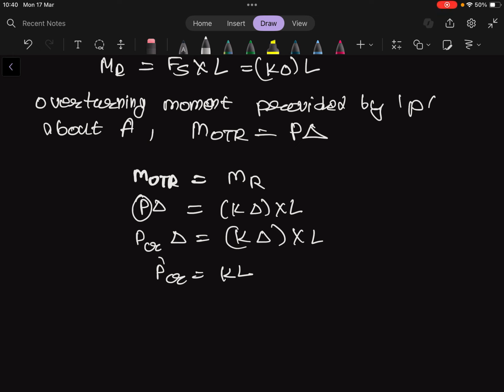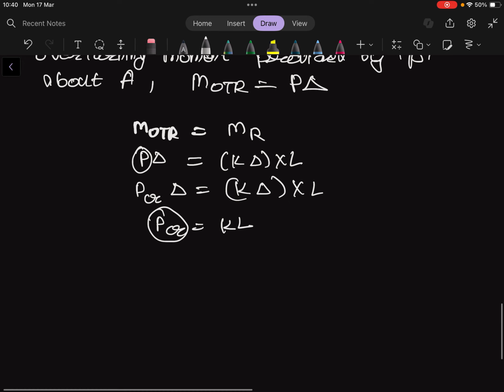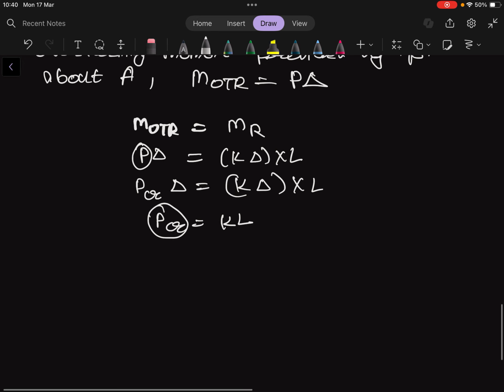So how should we compare the P critical with the applied load so that we can determine the nature of the equilibrium? So there are three conditions. If P is greater than P critical, then we are in unstable equilibrium.